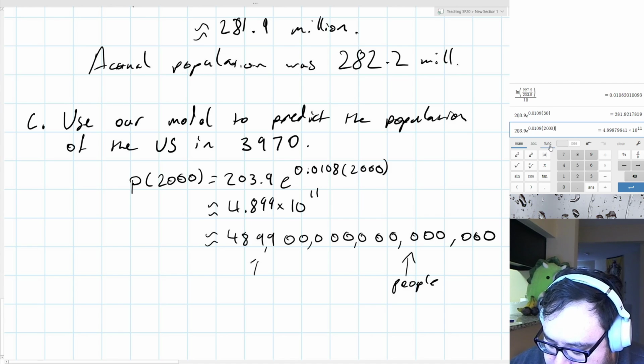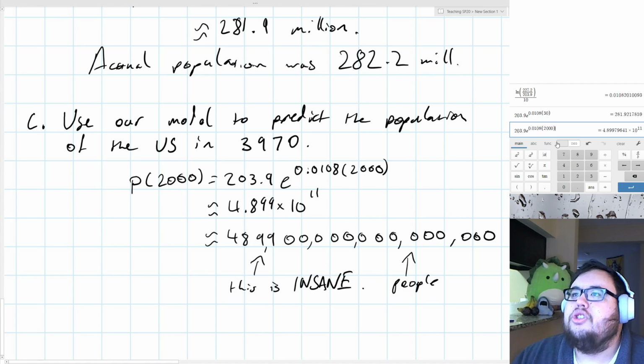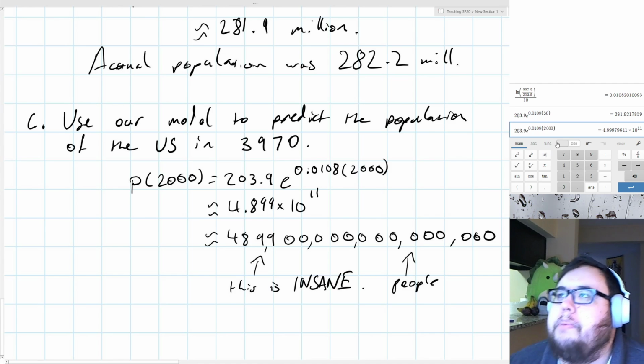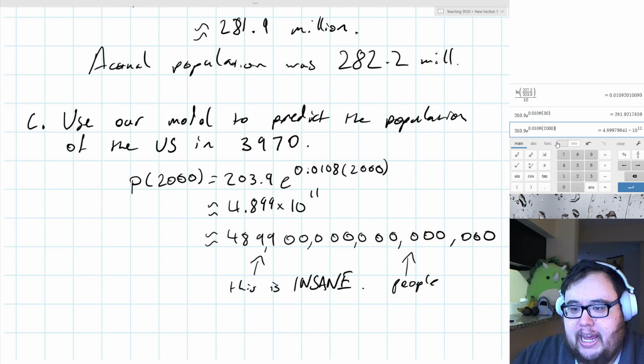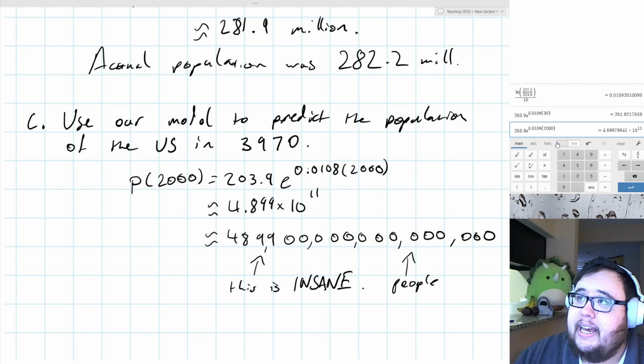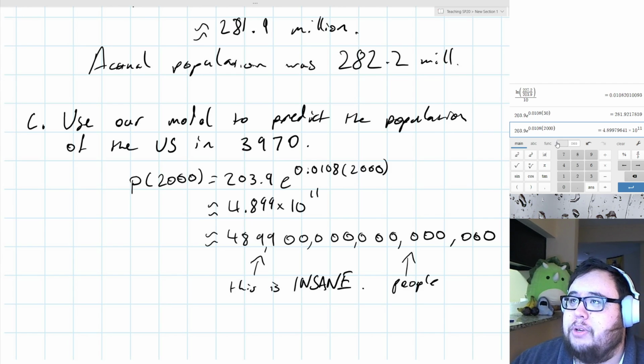This is insane. There's no possible way that our population should be that large. That is literally if you took people and you stack them side by side, all laying next to each other, and you stack them on top of each other all across the entire surface of the United States, and then you stack them up to the edge of space on top of each other, like logs, that would not even fit in the footprint of the United States.